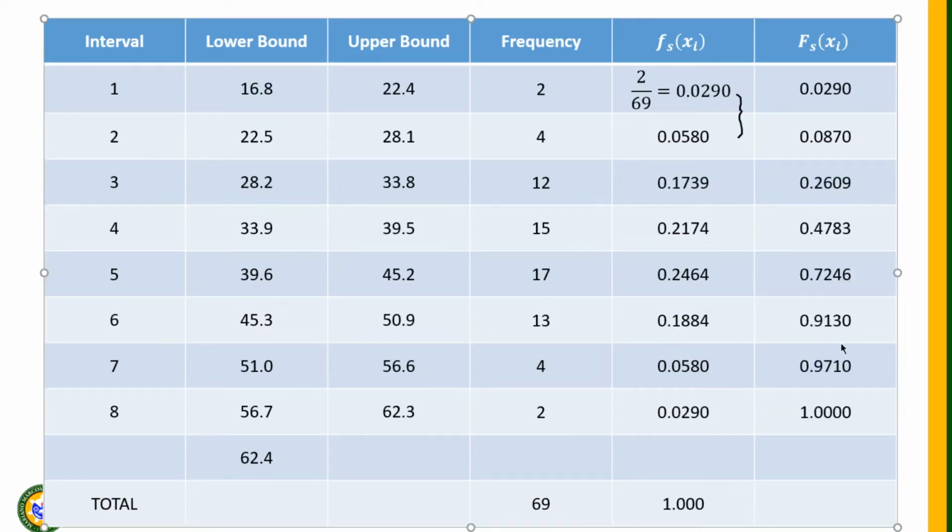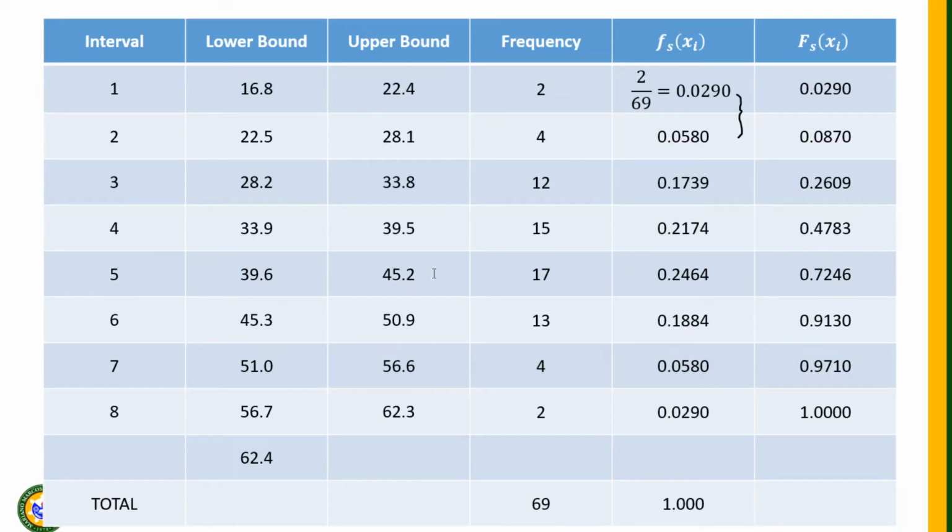Now we should come up with the following numbers. Take note that for the last, since we are now taking the sum of all the probabilities from all the intervals, the sum should be 1.0. That is the cumulative frequency distribution.